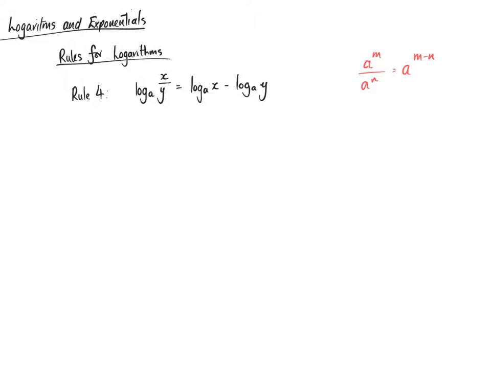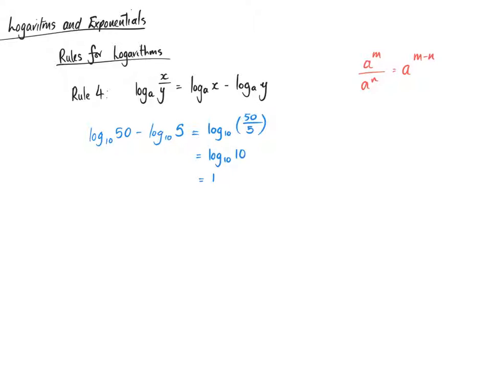If I've got log to the base 10 of 50, take away log to the base 10 of 5, I can say that's the same as log to the base 10 of 50 divided by 5, which is equal to log to the base 10 of 10, since 50 divided by 5 is 10, and because we've got log to the base 10 of 10, we know that's 1.